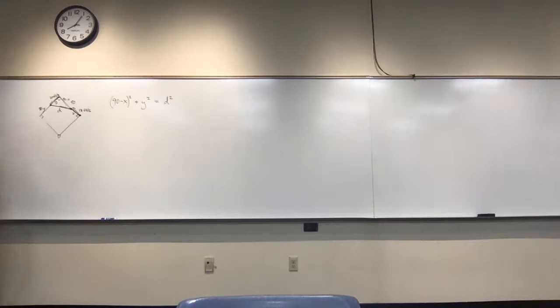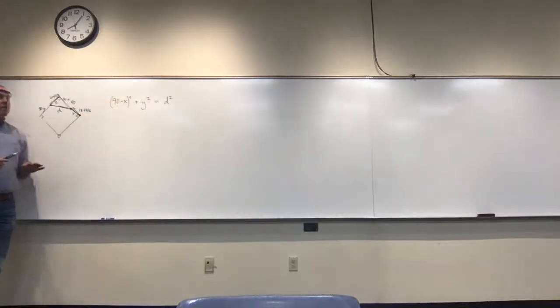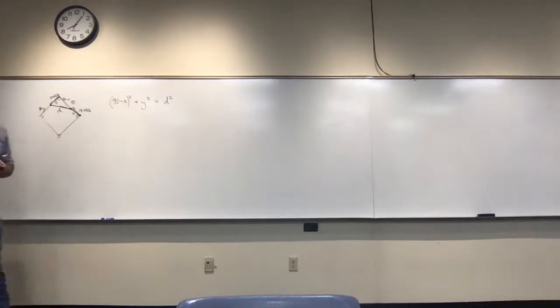Correct? This is a very good start to this problem. Because now I could take the derivative of both sides implicitly, and then start plugging in what I know. What is it that I'm trying to figure out?